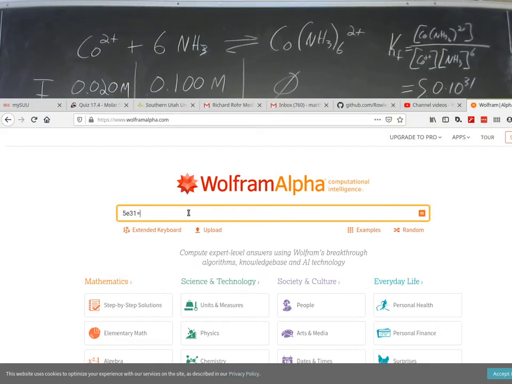So we'll go to Wolfram Alpha and we'll say 5 times 10 to the 31st is going to equal x divided by 0.02 minus x, and we have 0.1 minus 6x, and that is raised to the 6th power. So there it is.